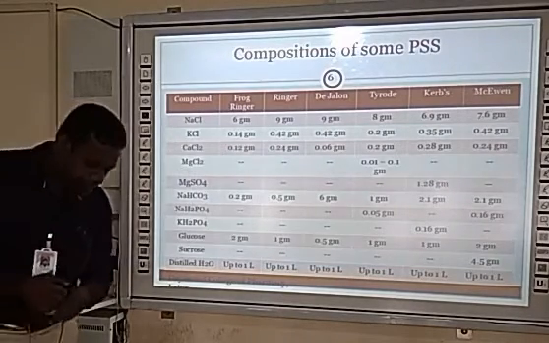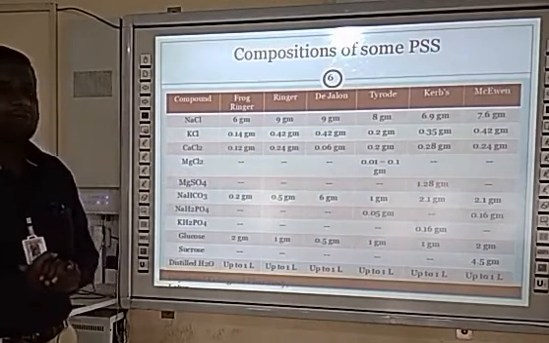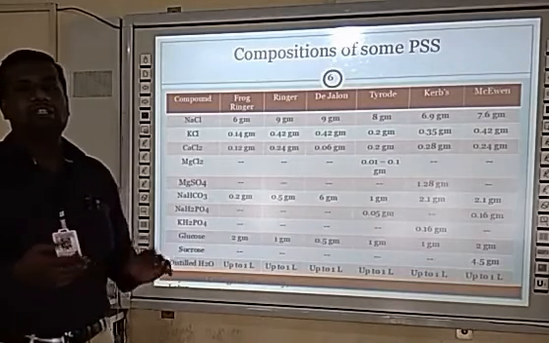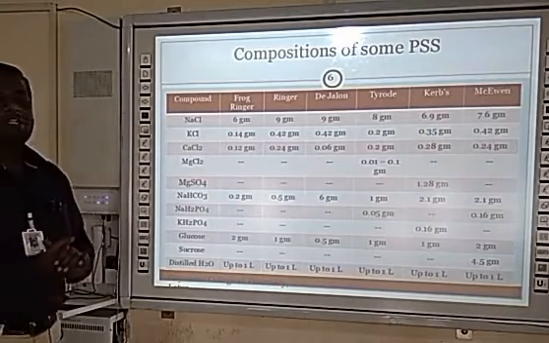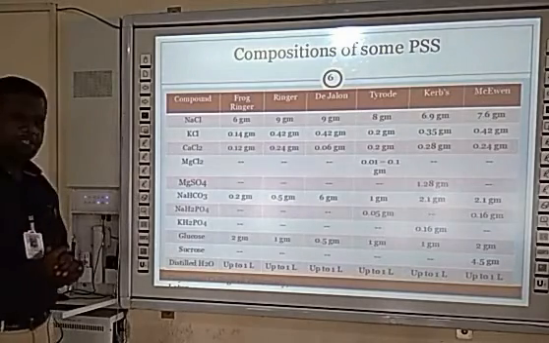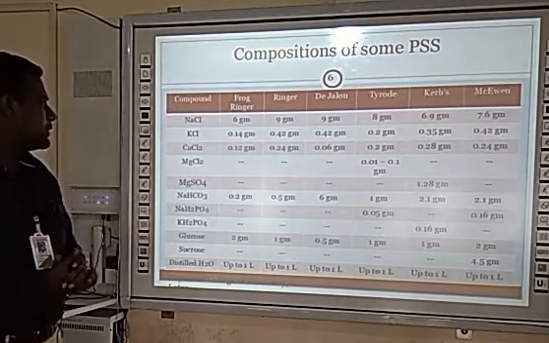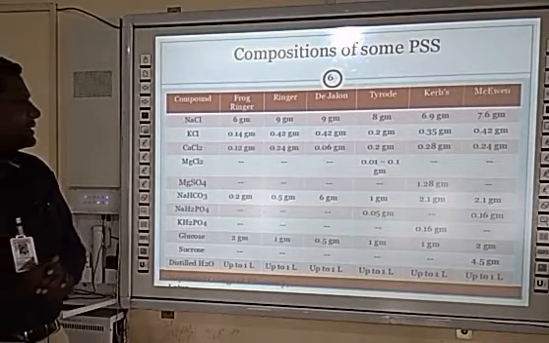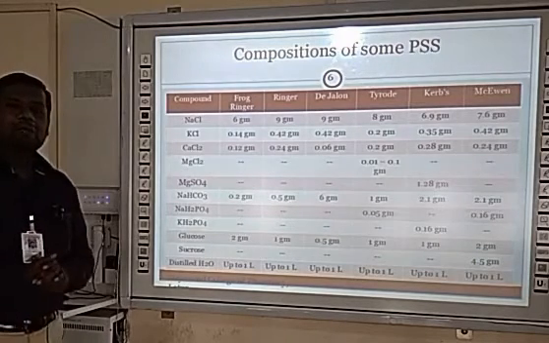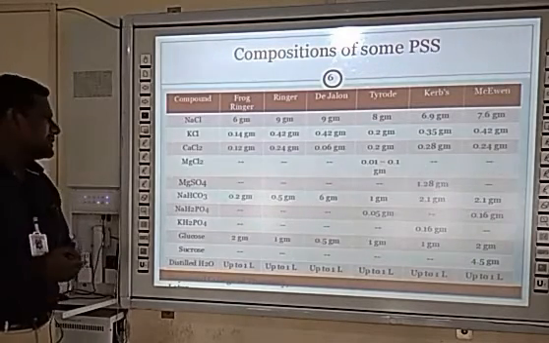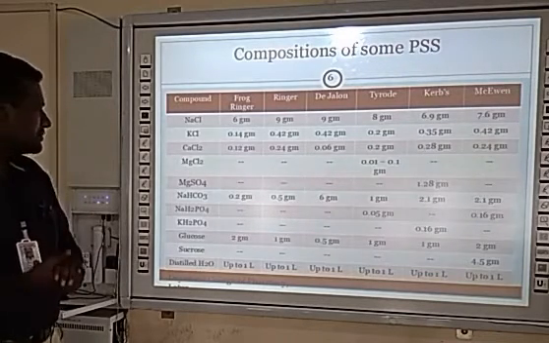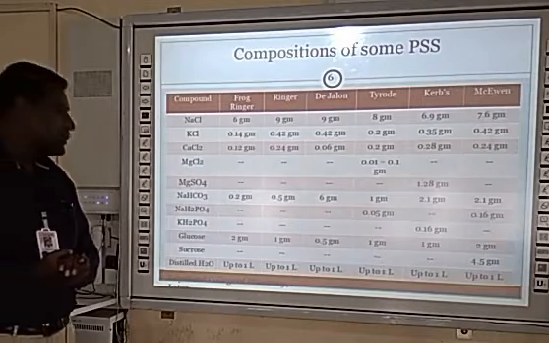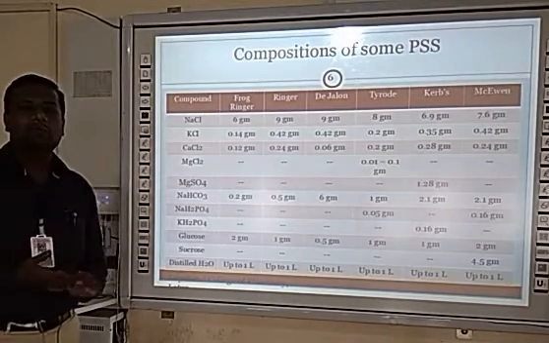And the last physiological salt solution is McEwen's physiological salt solution. It consists of 7.6 gram sodium chloride, then 0.42 gram potassium chloride, 0.24 gram calcium chloride, then 2.1 gram sodium bicarbonate, 0.16 gram sodium dihydrogen phosphate, 2 gram glucose, and 4.5 gram sucrose.